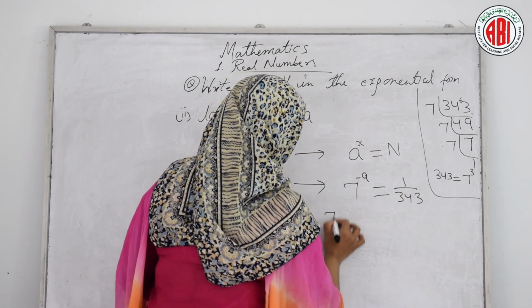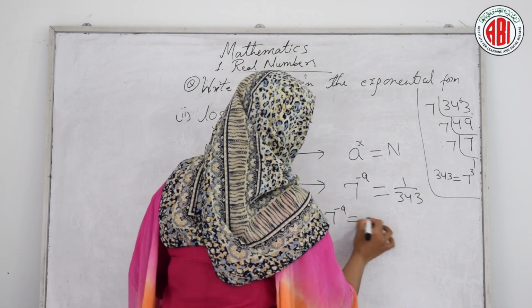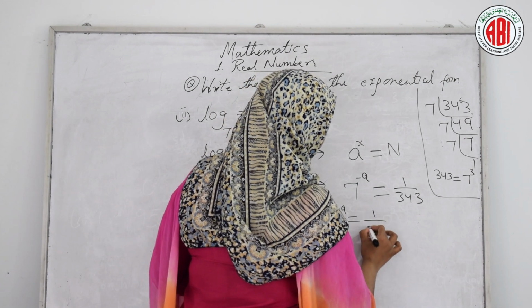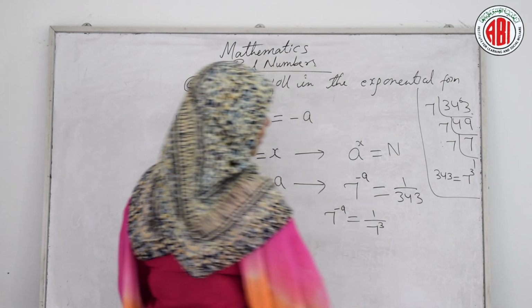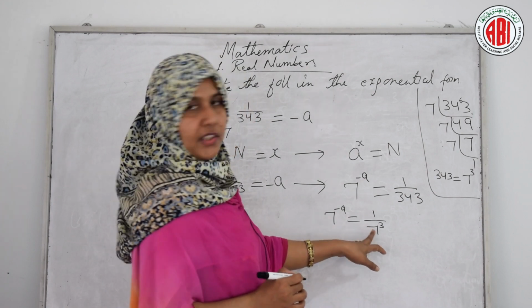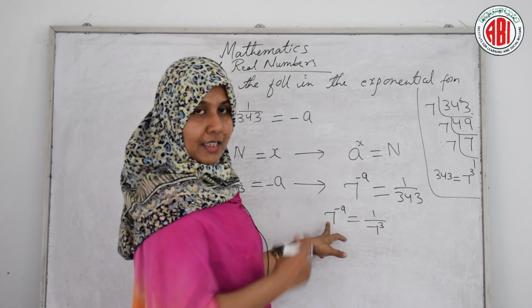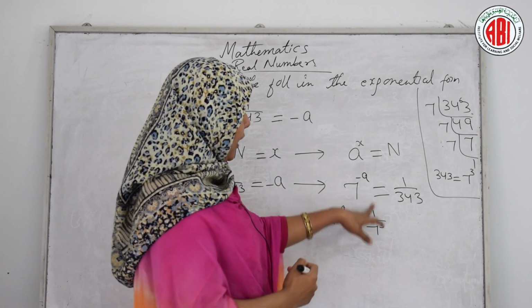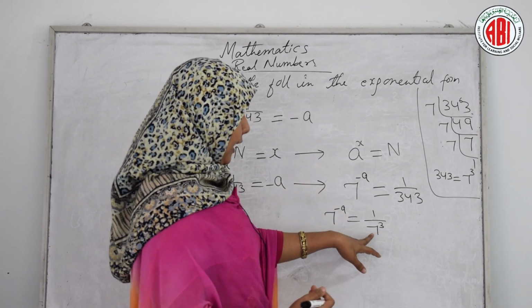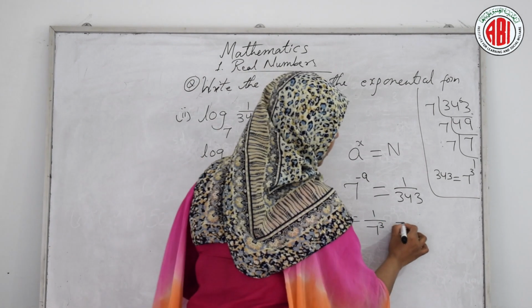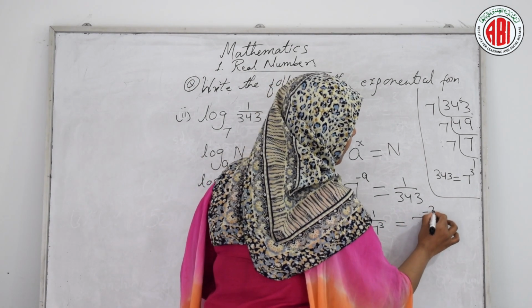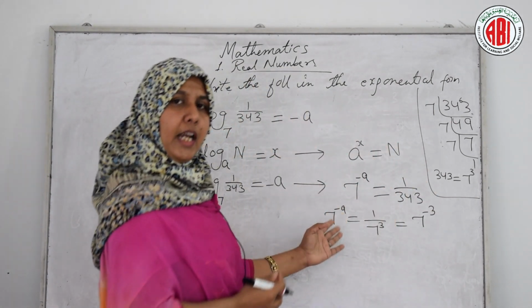That means 7 to the power minus a is equal to 1 by 7 power 3. Are we getting the same bases? Here base 7 is there in the numerator, here 7 is there in the denominator. That we can also write as 7 to the power minus 3. Can we write this?